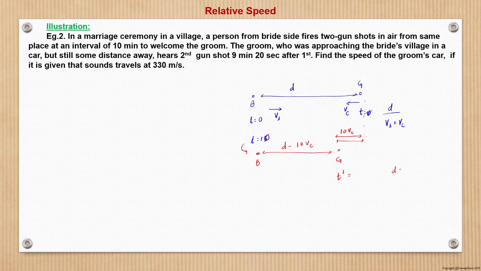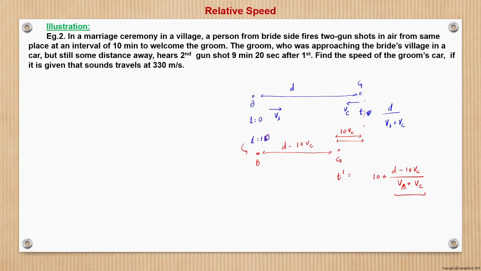Time will be what? d minus 10 vc, distance upon the relative speed of sound with respect to car. So that becomes vs plus vc, right? So after this much time after the gun firing, it reaches here, and the gun was fired at 10 seconds, so he would have heard this at 10 plus this second. So at this time the groom would have heard the shot, right?